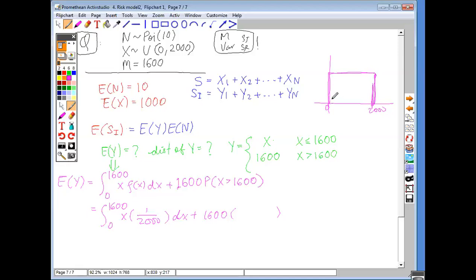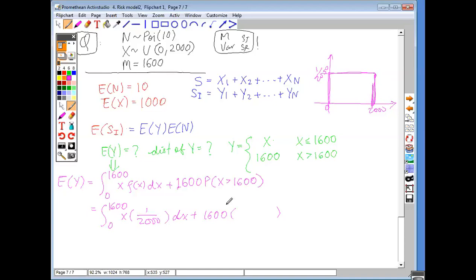Each one of these is equally likely, so we write 1 upon 2000, and if you multiply by 2000 you get 1, which is the area under the curve, which always has to add up to 1.